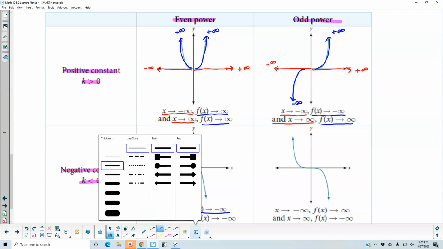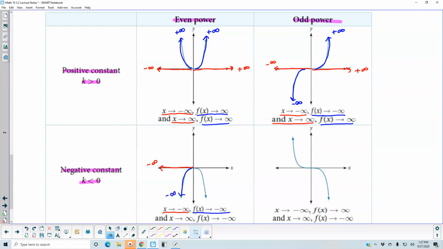And on the right side, as x is approaching positive infinity, the function of the graph is approaching negative infinity.